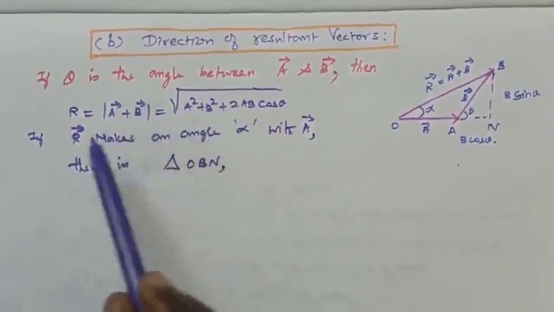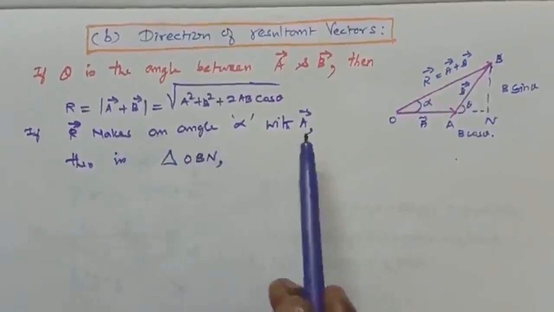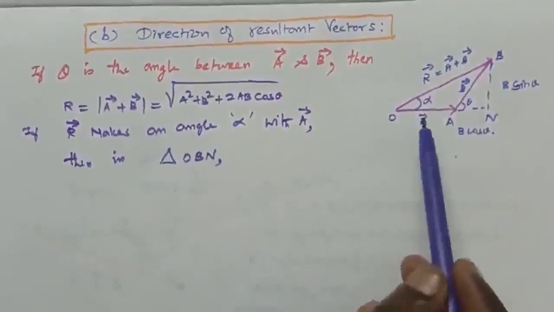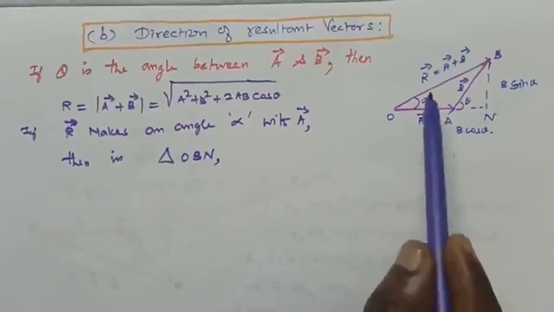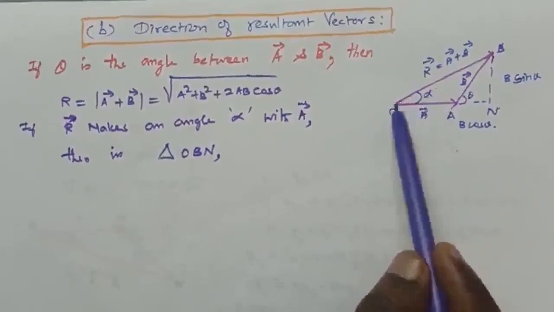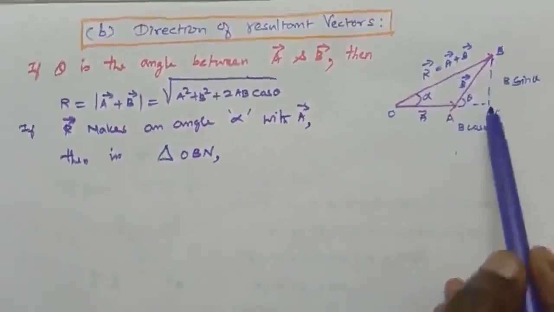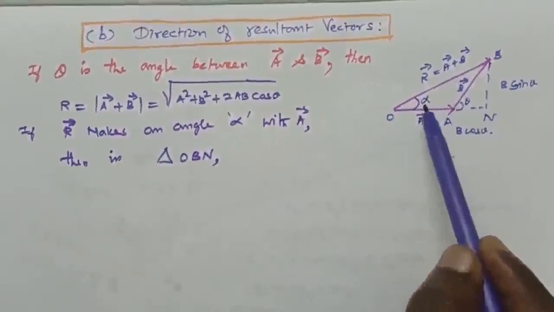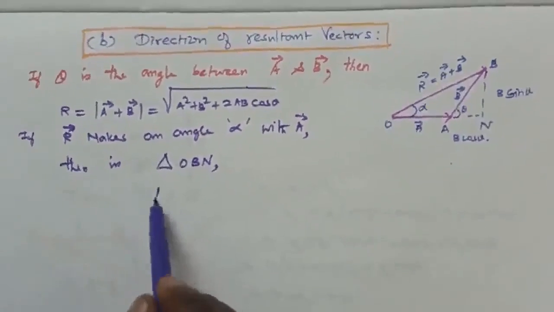Now if R vector makes an angle alpha with A vector, in the right angle triangle OBN, we can calculate alpha.